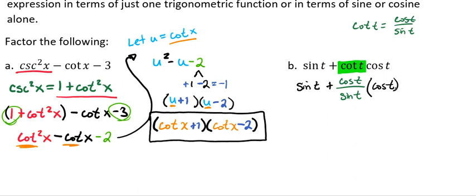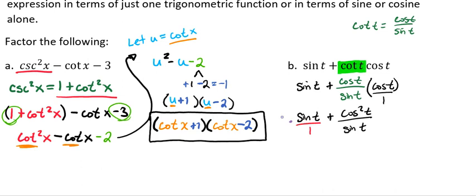So what does that give us? Well, that now gives us the sine of t plus the cosine squared of t divided by the sine of t. Remember, that's cosine over 1, and a cosine times a cosine is cosine squared. When we add these as fractions, we need common denominators.